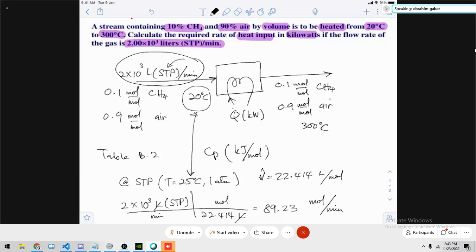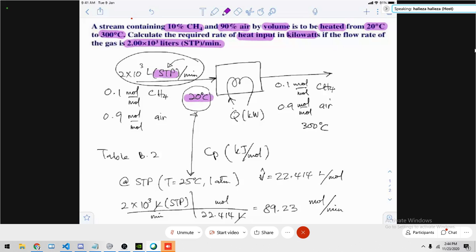Okay. Anybody disagree with that? Or anybody agree with it? I think STP is 25 degrees Celsius, referring to the room temperature, if I'm not mistaken. That's Faisal's opinion. Okay, guys. The actual stream is actually at 20 degrees C. This standard temperature pressure is not referring to the actual stream.